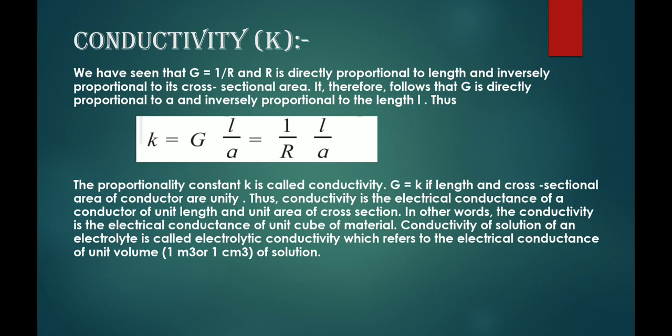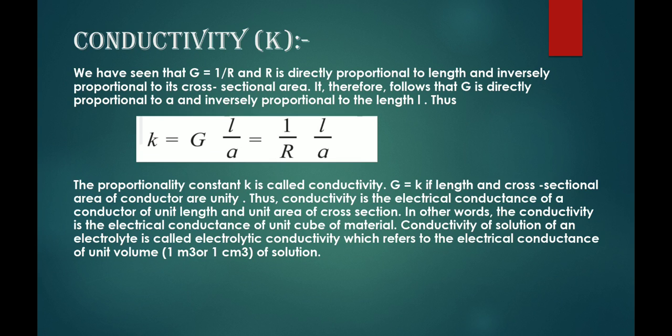G is equal to K if length and cross-sectional area of the conductor are unity. Thus, conductivity is the electrical conductance of a conductor of unit length and unit cross-sectional area. In other words, the conductivity is the electrical conductance of a unit cube of material.